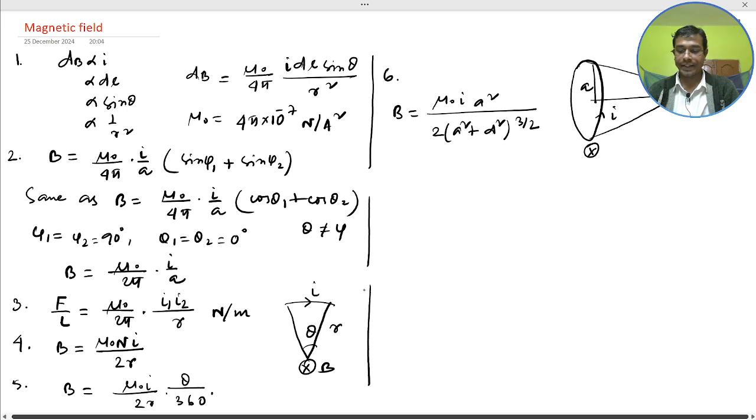If D is much greater than A, then B would become mu naught by 4 pi, twice mu by D cube.